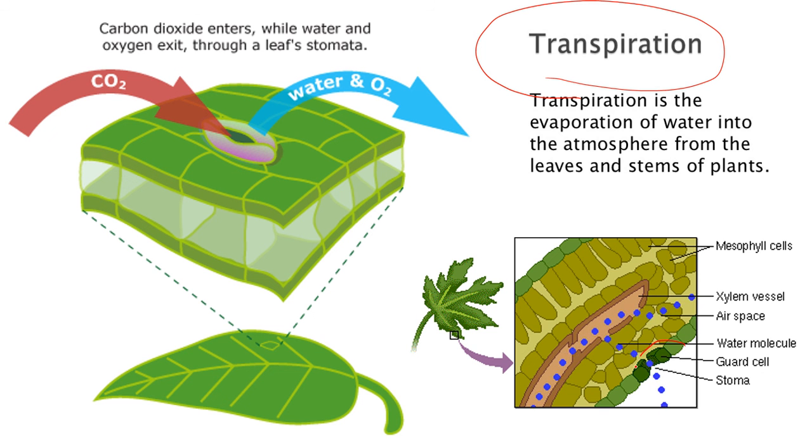However, it can only escape the moment the stoma opens. The stoma opens when carbon dioxide is allowed to get inside. The moment carbon dioxide gets inside, that's the only time that water vapor and oxygen are able to escape the leaf of the plant. And the moment it decides to close, water vapor and oxygen are trapped inside for further use.